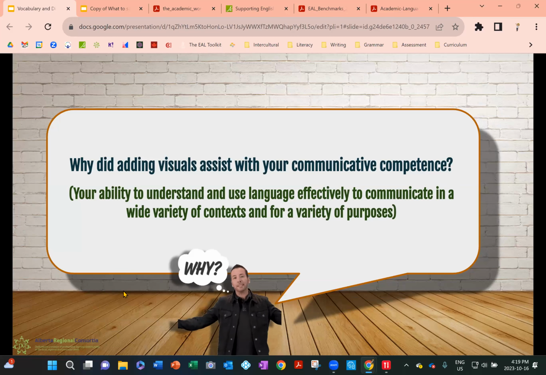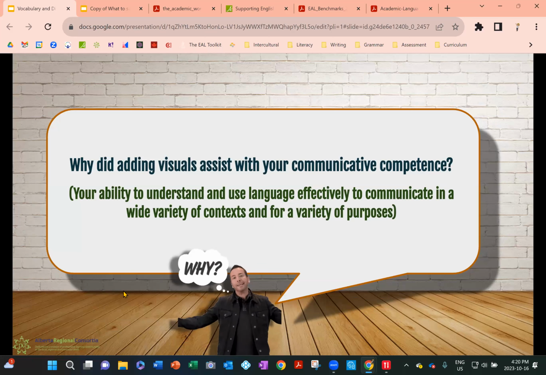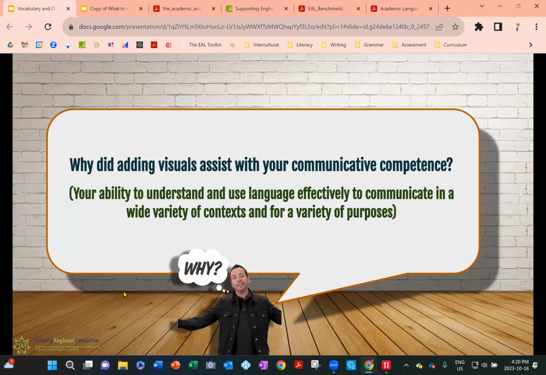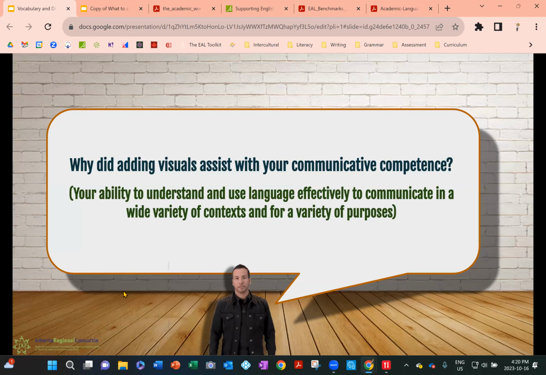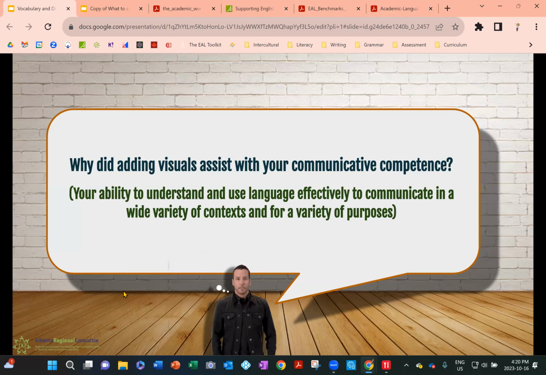So we're a fairly small group. If you'd like to unmute or just put your hand up first, and then we can respond, or you can type something in the chat. Why do you think those visuals helped with your communicative competence? Helped especially with your understanding, and then eventually you were using it, right? You were typing your response in the chat.